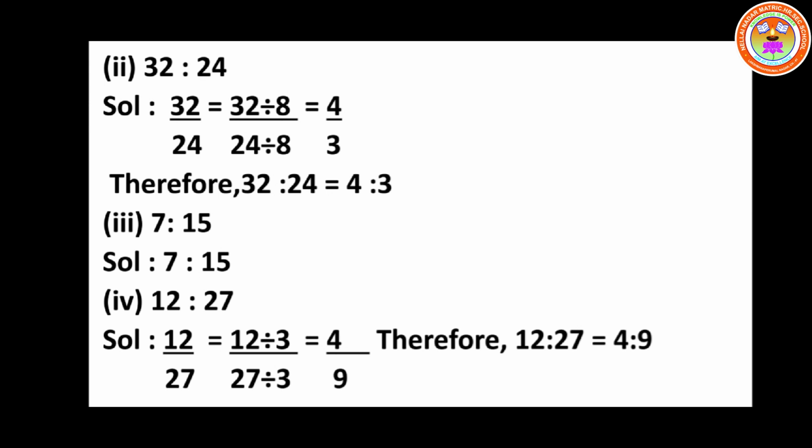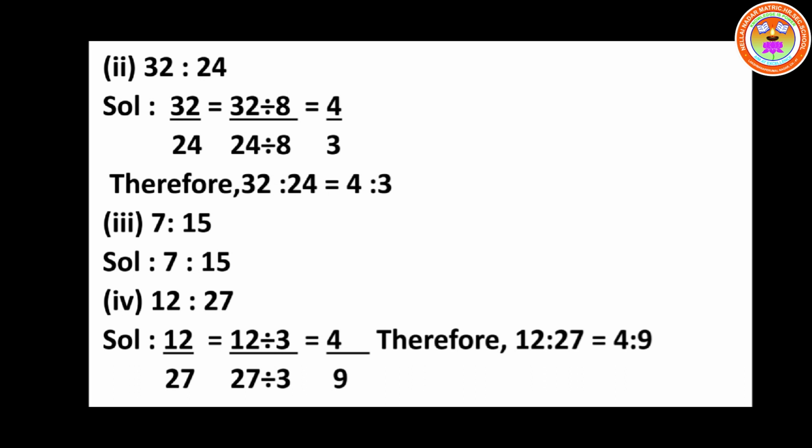Either you can do it like this, or in simplified steps: you can cut by 2 first, getting 16 and 12, and again cancel by 2 or 4. You can do it by that method also, or directly like this. Therefore 32 is to 24 is equal to 4 is to 3, your final answer.